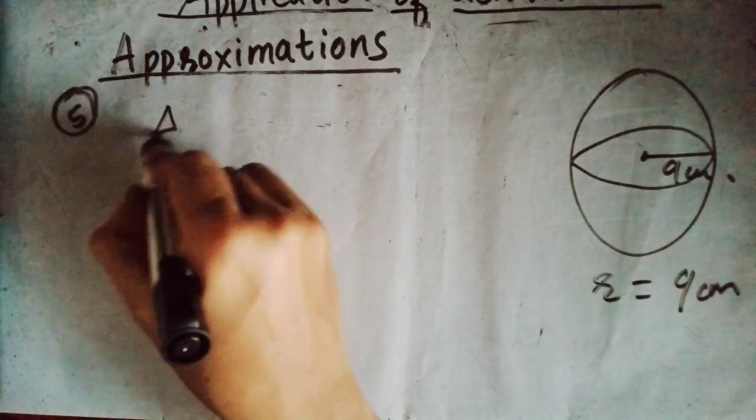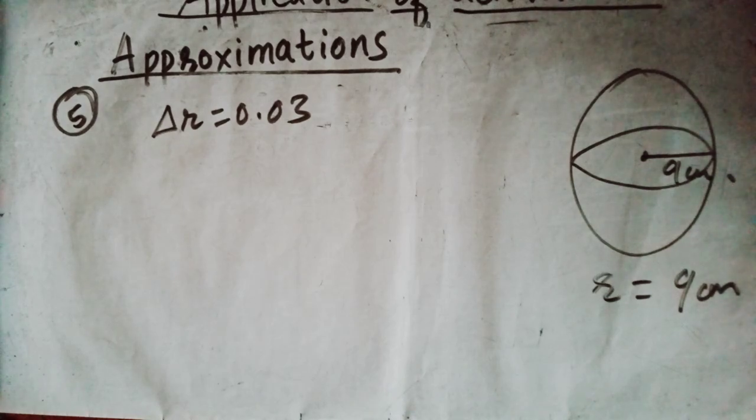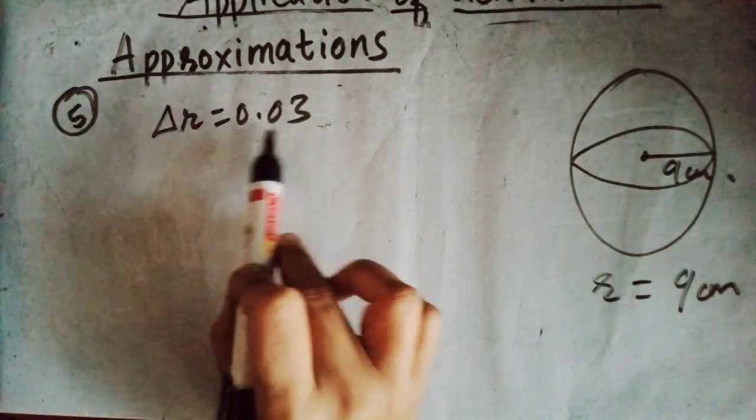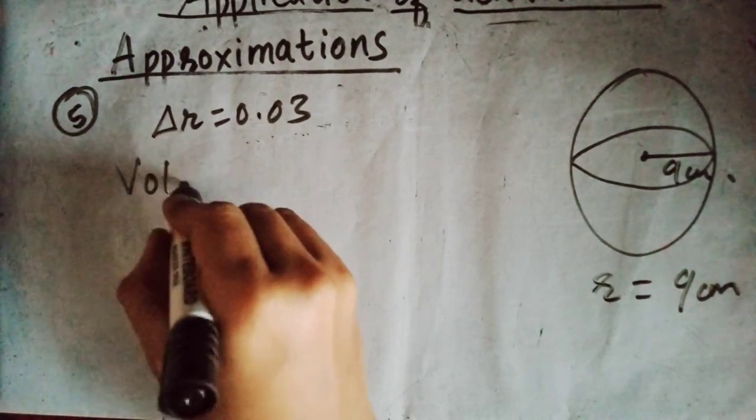Error means this will be delta r, 0.03 centimeter. So you have to find change in volume due to this change in the radius. So what is the volume of sphere?